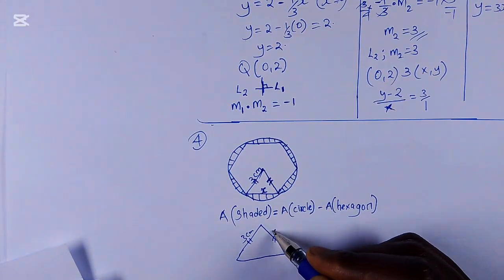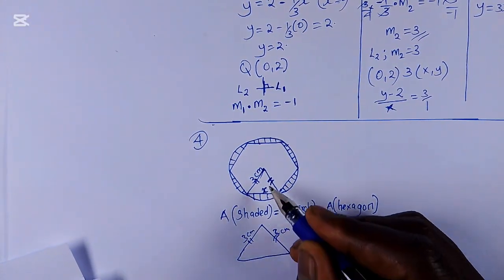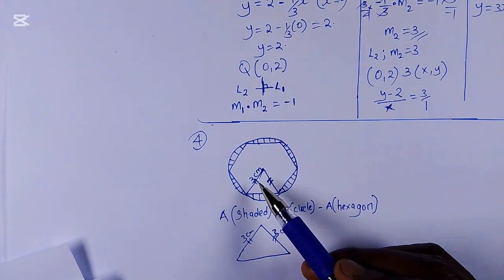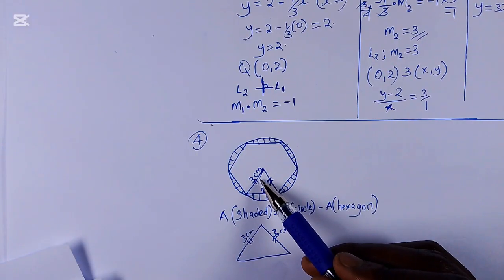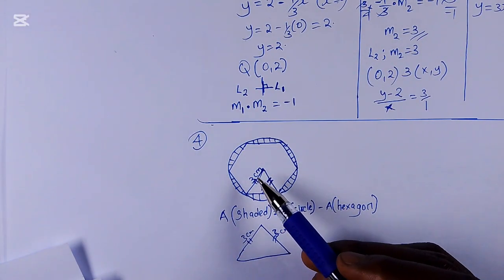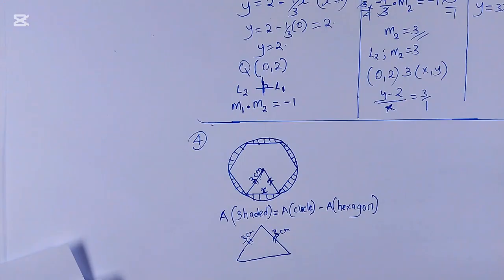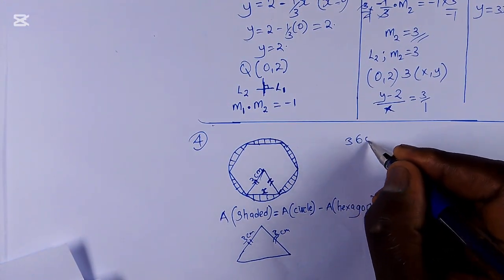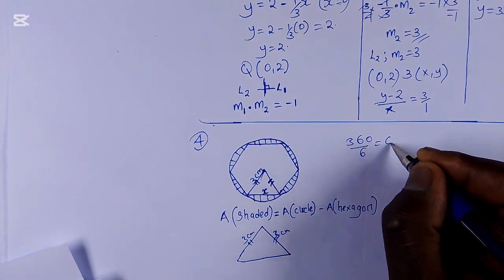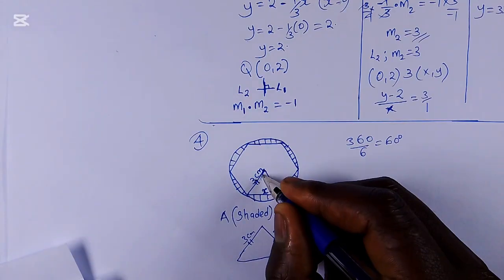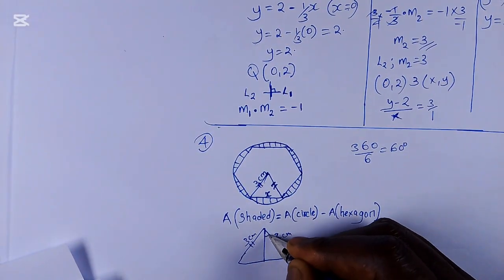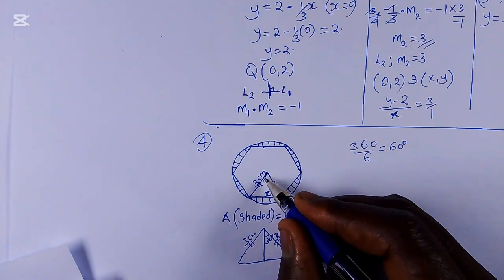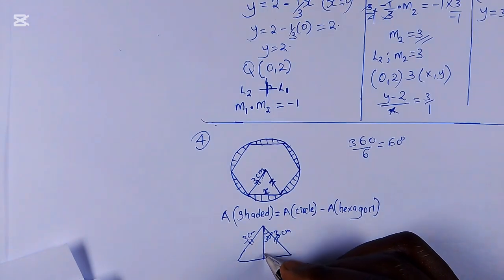We have 6 triangles inside, so if we take 360 divided by 6, each angle is 60. So this one being 60, half of it at the center will be 30 degrees.